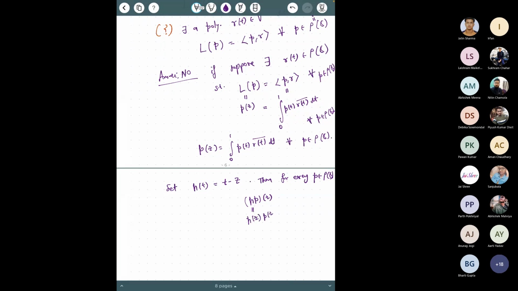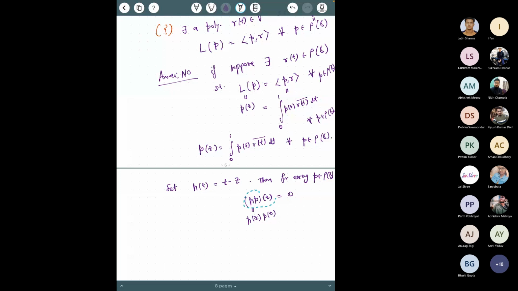H(z) is zero, so for every polynomial P, HP of z is zero.